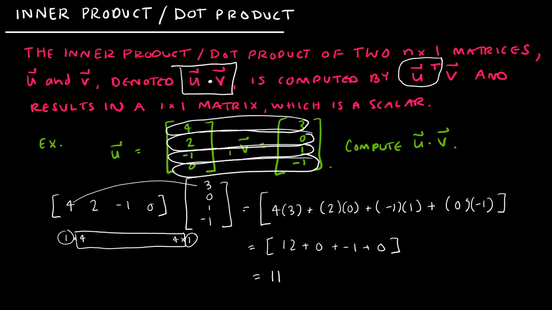So if I'm lazy and don't feel like writing out the transpose, really we're just multiplying component-wise, so we're matching them up. And that's why they both have to be the same dimension, n by 1, because if they're not, obviously we wouldn't be able to multiply them.